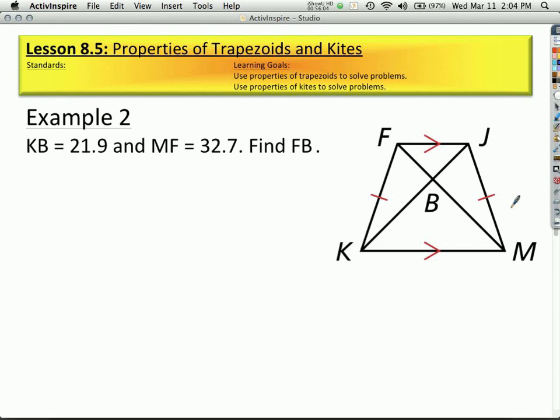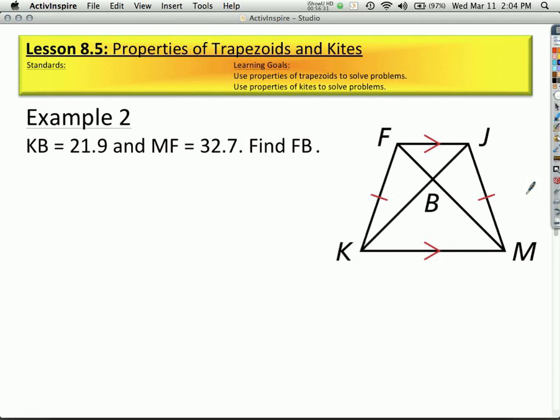So, let's introduce trapezoids into the mix. KB is 21.9, MF is 32.7, find FB. So, I'm going to do this with you. We have a trapezoid. It doesn't say it, but we can see it because the parallel indicator's here. We also have some tick marks here.